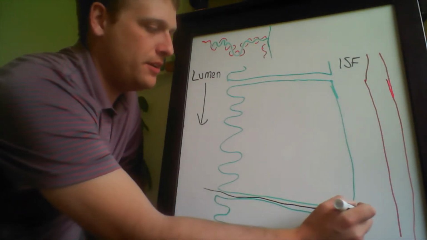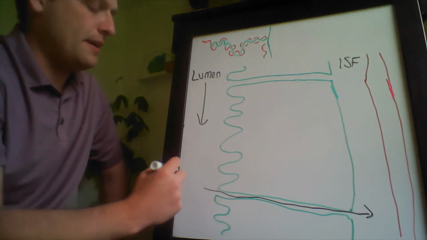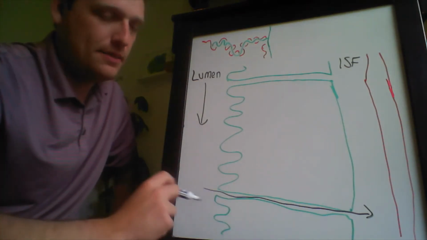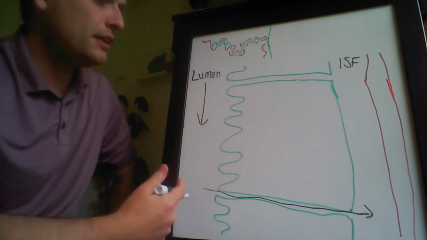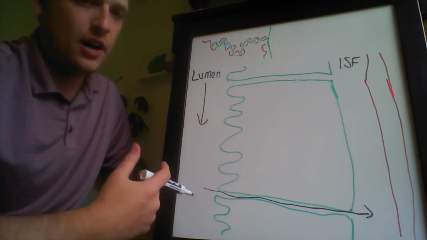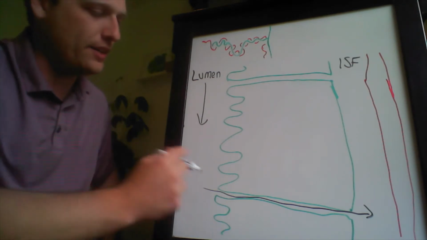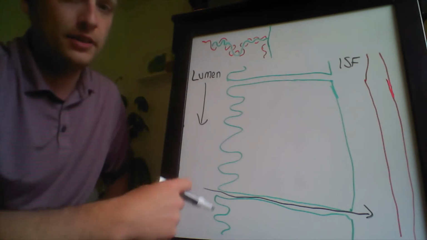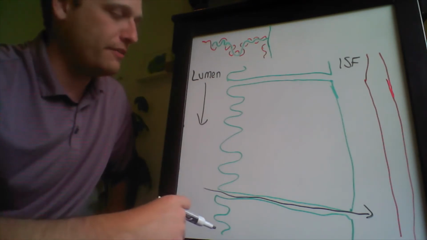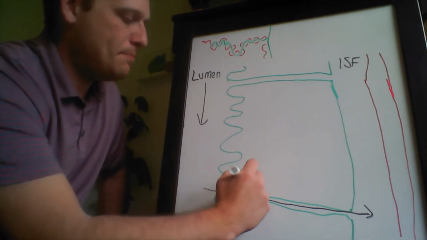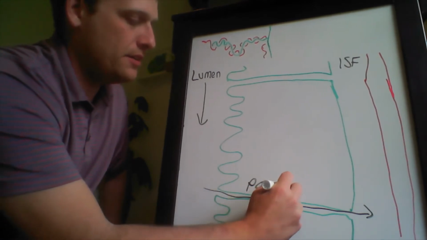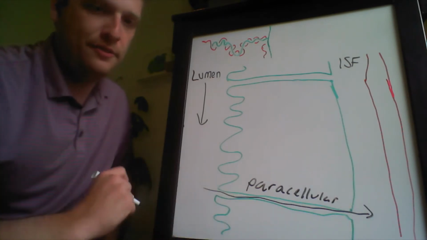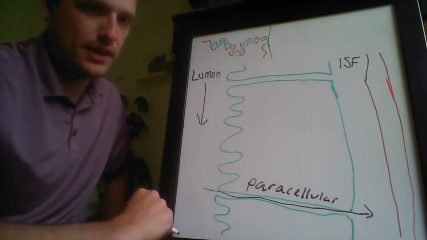So any material that is in the filtrate can pass between spaces between the cells. These cells are not continuously joined together. There are some spaces in between the cells that make up the nephron, the epithelial cells of the nephron. So this is the paracellular transport, where a material simply diffuses through these gaps between the cells.